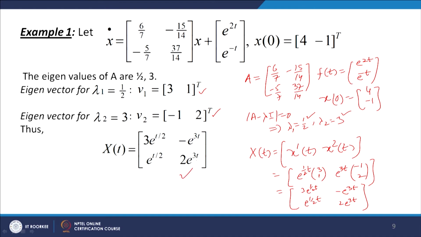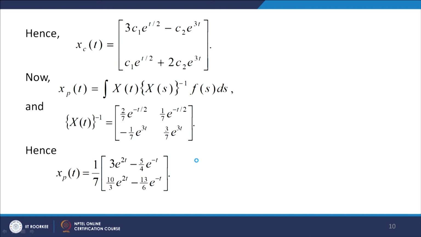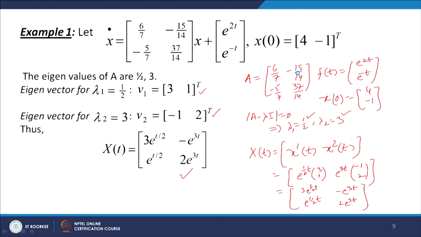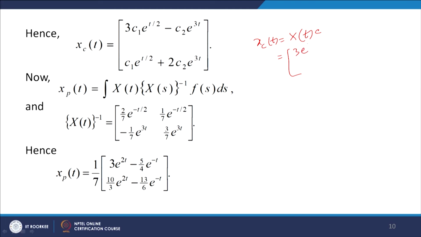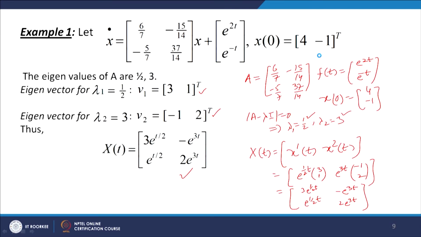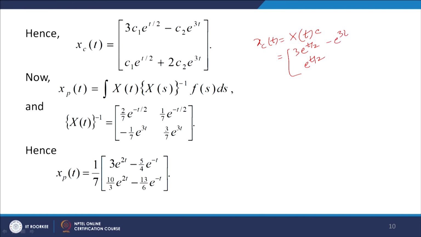Okay. Now, once we have the fundamental matrix X(t) with us, we can write xc(t). So, xc(t) is equal to X(t) into c, where X(t) is the matrix with first column 3e^(t/2), e^(t/2), and the second column is -e^(3t), 2e^(3t), multiplied by the vector (c1, c2).